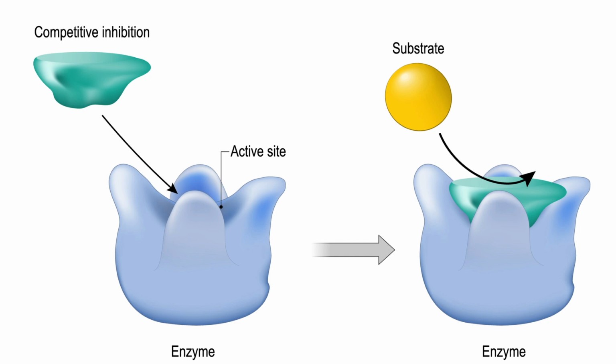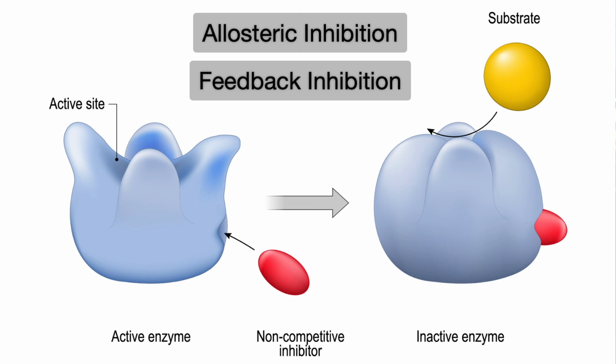Now, there is another way in which enzymes can be controlled, and that is through a process called non-competitive inhibition, and that's on the bottom middle part. And again, just like the term implies, we have an inhibitor that is not competing with the substrate for the active site, but its end goal, when it does bind to the enzyme, is still the same. It still stops the enzyme from converting substrate into products.